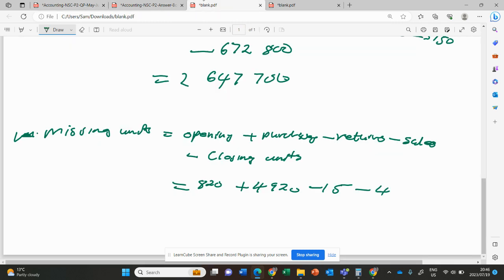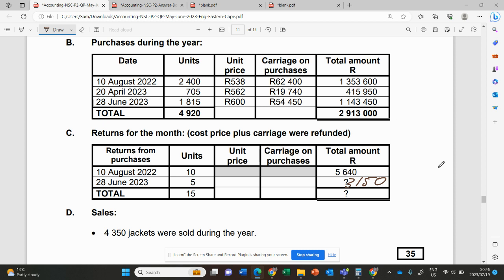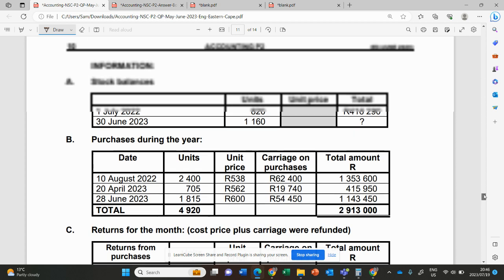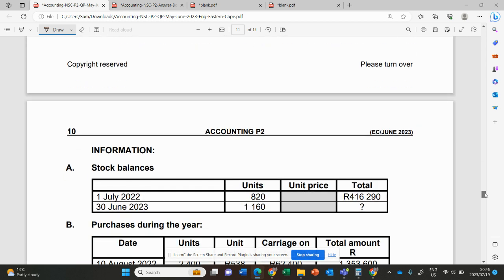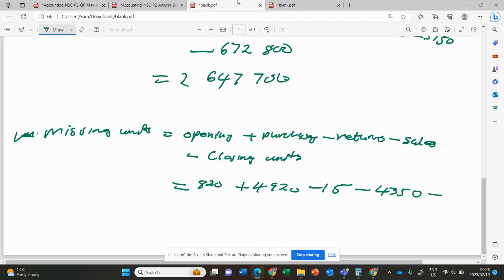Then minus closing units. Closing units is this one, 1,160. Then that will be the missing units.